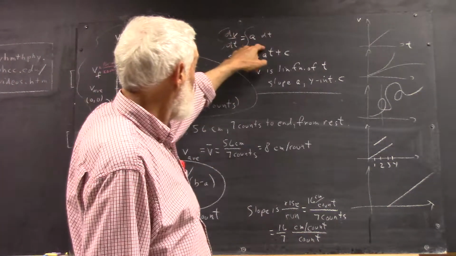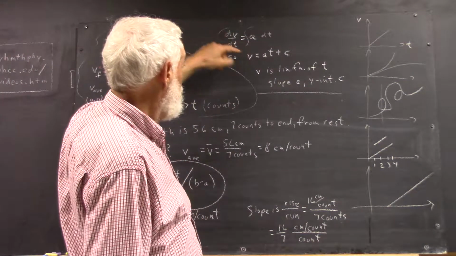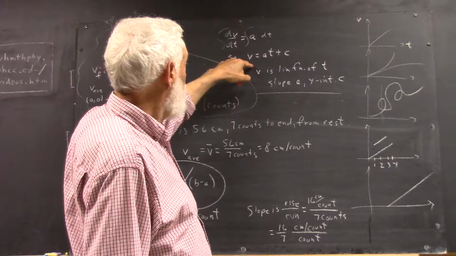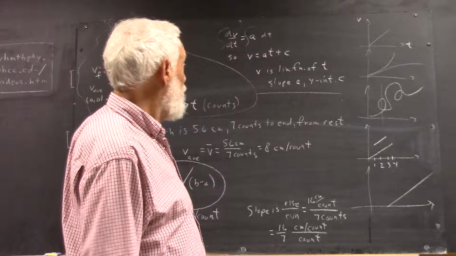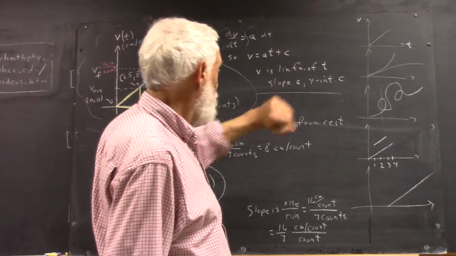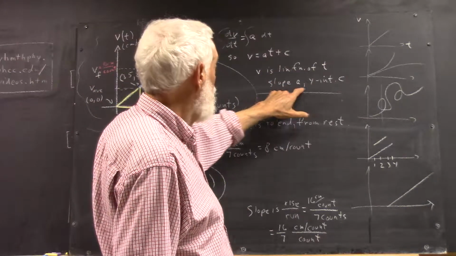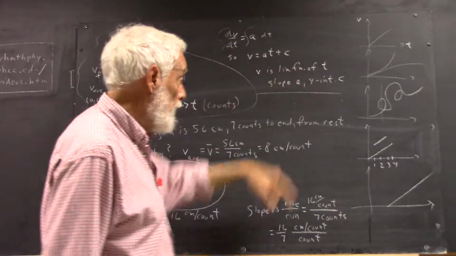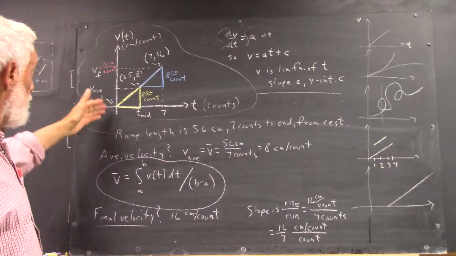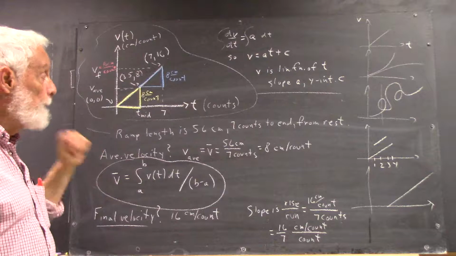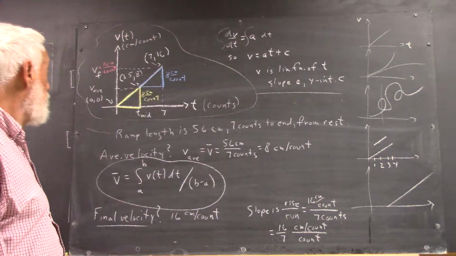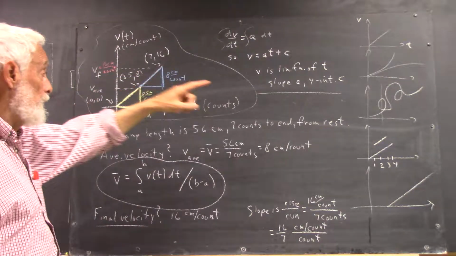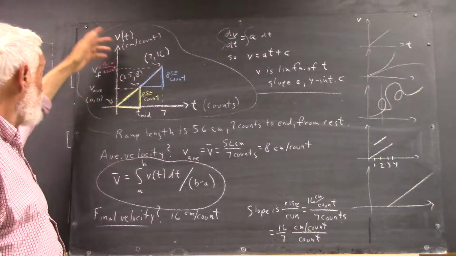So if we integrate both sides of this, if we integrate dv dt, we get v. If we integrate a with respect to t, we get at plus c. And it would follow then that v is a linear function of t with a slope of a and a y-intercept of c, whatever that happens to be. And that would give us the equation of this straight line. Slope would be 16/7 centimeters per count, and c would be the vertical intercept.